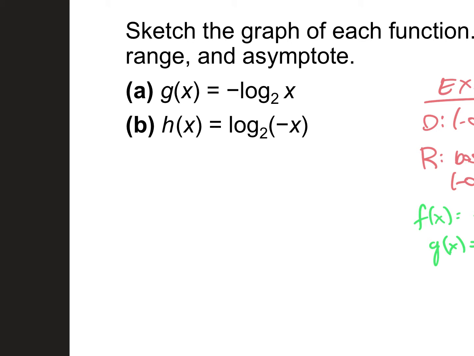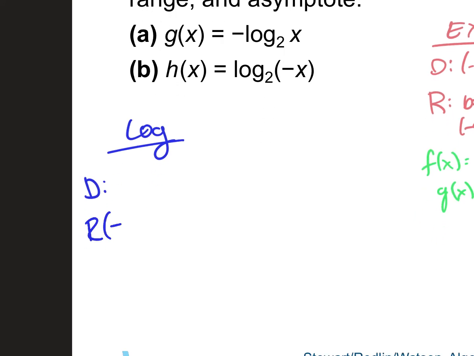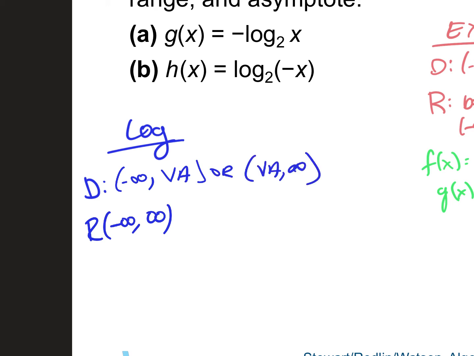So instead of the range being the thing that's changing, what's going to change? The domain. For our log functions, guys, your domain is the thing that changes. Your range is going to be negative infinity to positive infinity. Now, instead of looking from bottom to top, we're looking from left to right. Your domain is either going to be negative infinity to the vertical asymptote or the vertical asymptote to positive infinity. The way that you tell that is the negative inside with the x.